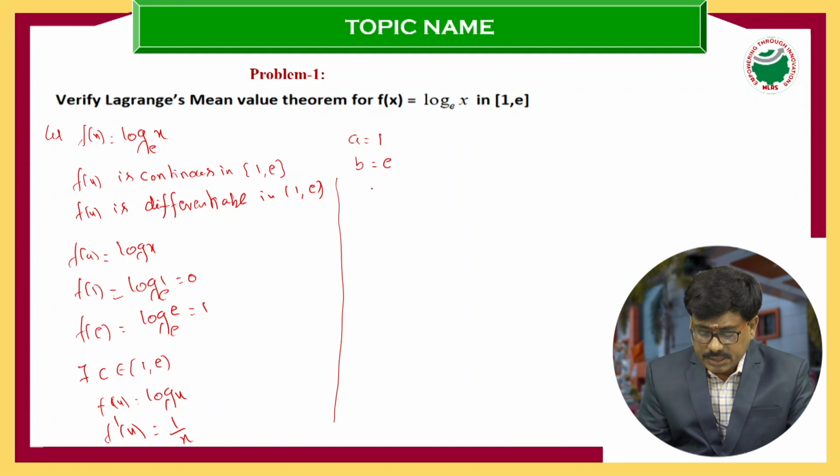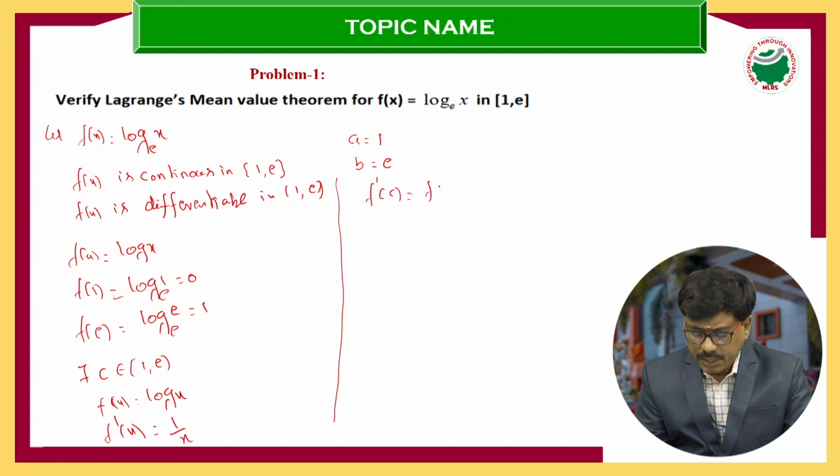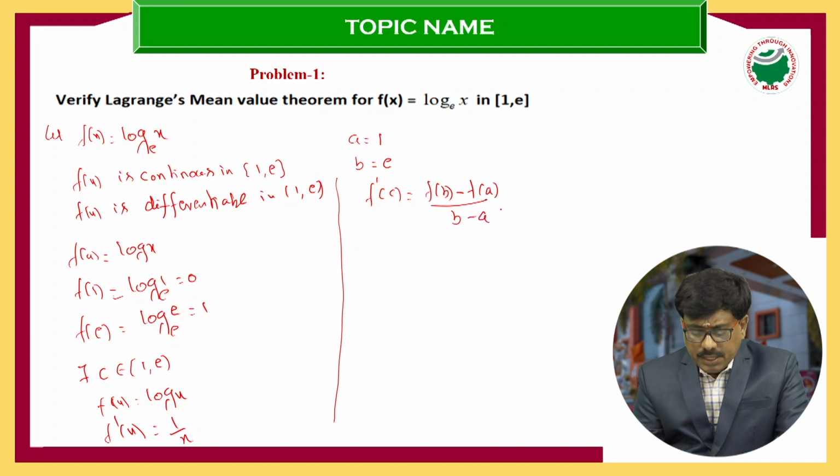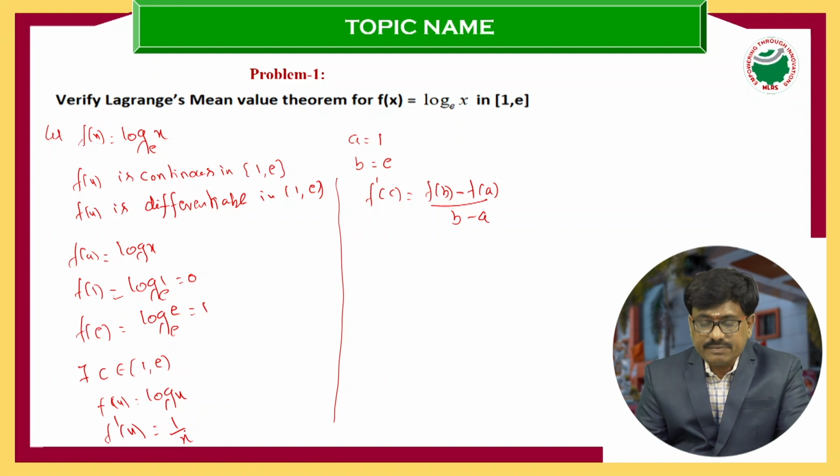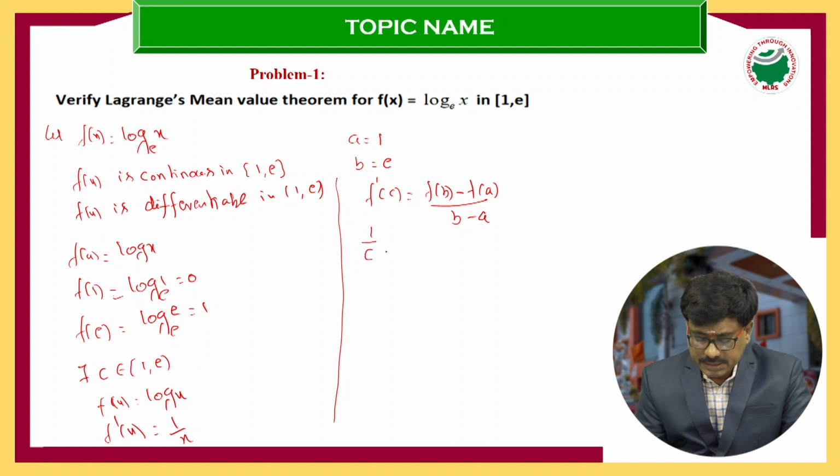What is the next condition? Lagrange's mean value theorem says f dash of c equal to f of b minus f of a divided by b minus a. We got f dash of x equal to 1 by x, so f dash of c equal to 1 by c.